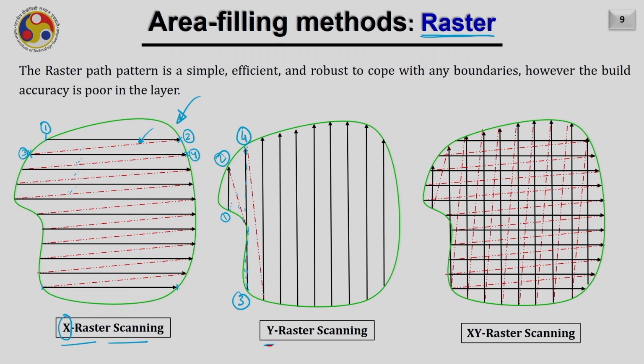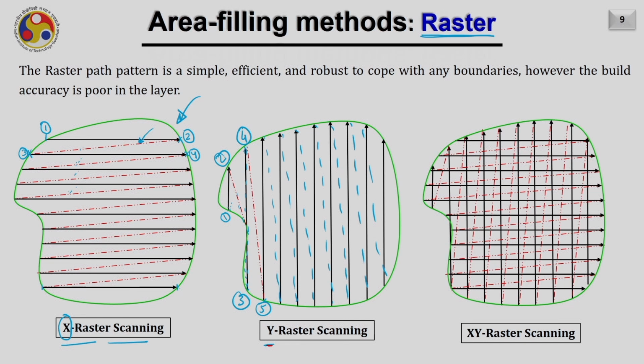Again it will lift and come back to the next position, that could be 5. In a similar fashion it will add the material, then again it will come back like this. These dotted lines are showing the movement of the tool in the air when it is not adding any material. So, this is the Y raster scanning.